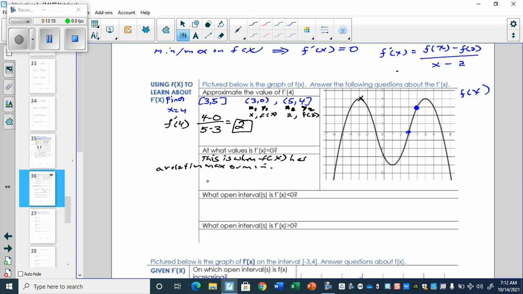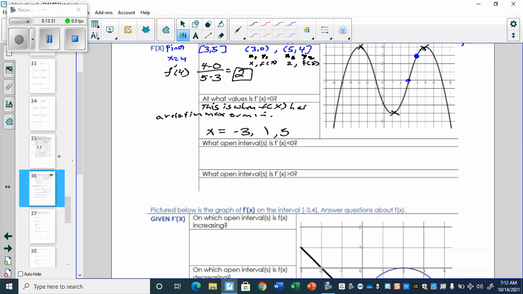So we can say when x is negative 3, right here when x is 1, and right here when x is 5. Okay? And that's my justification. What open interval is f of x less than 0?